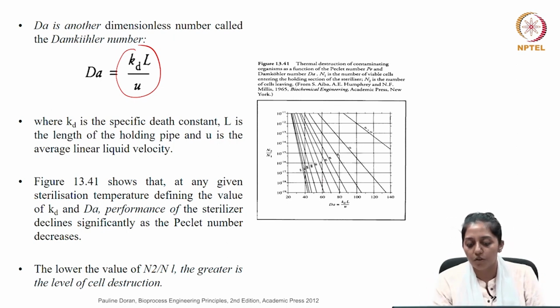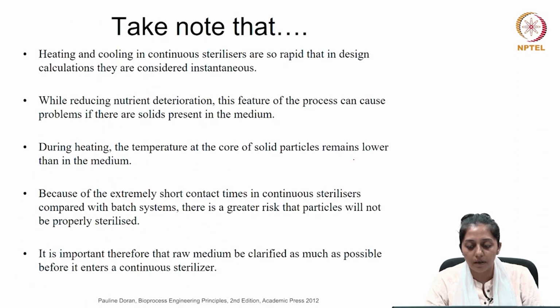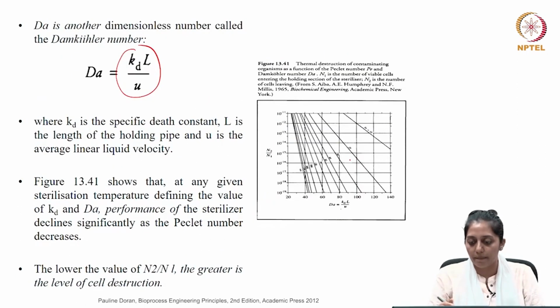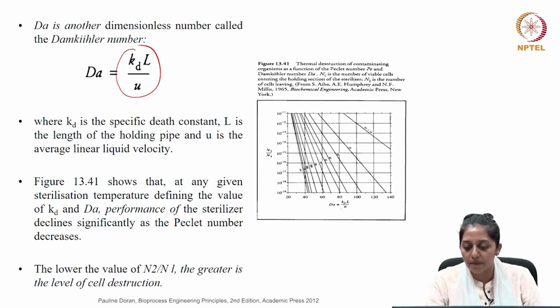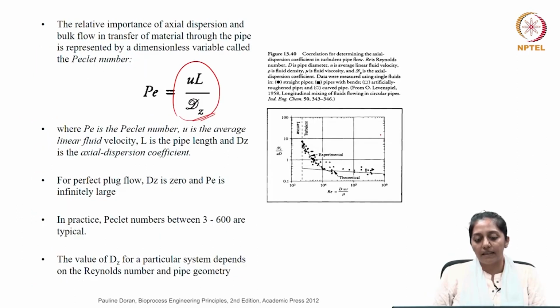So, this figure shows that at any given sterilization temperature, which would then define the Damköhler number, the performance of the sterilizer declines significantly as the Peclet number decreases. You can see from here the ratio of N2 by N1 is going up as the Peclet number decreases, and the Peclet number decreasing means there is higher axial dispersion.